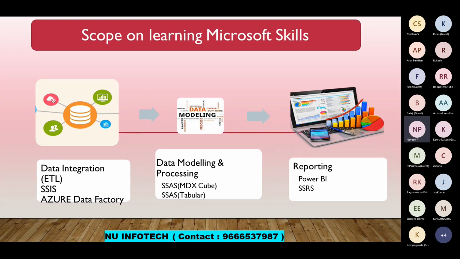Also, just to tell you about the scope of Microsoft skills. They always have standard value in the market, right? But there will be slight changes once in a few years.